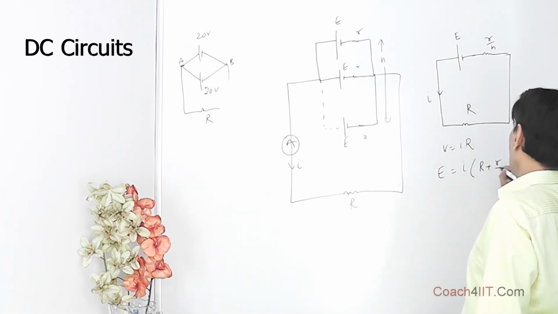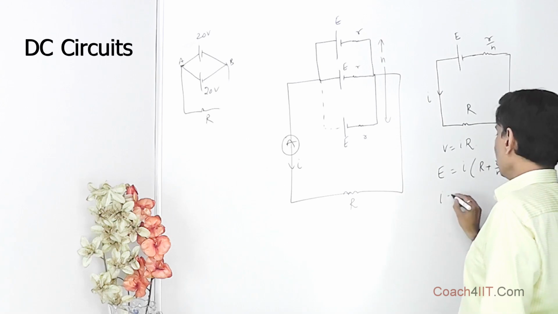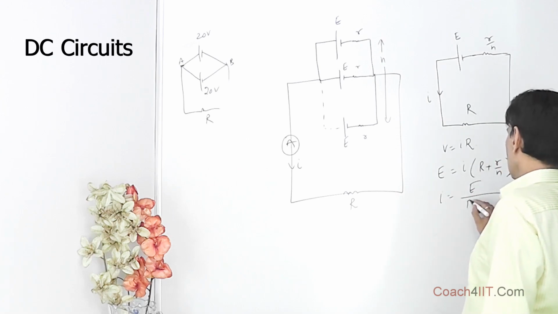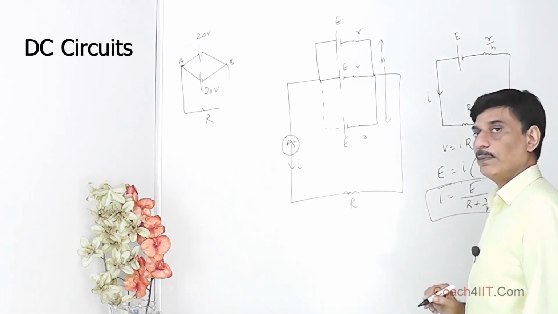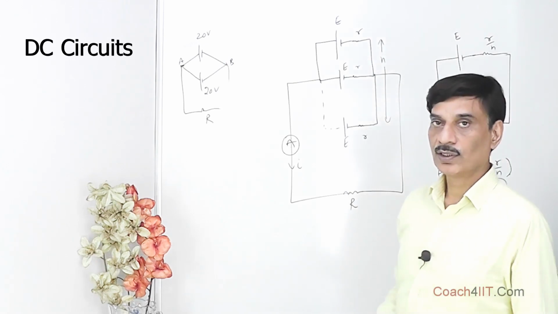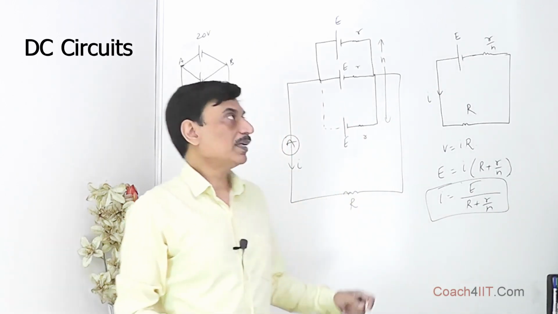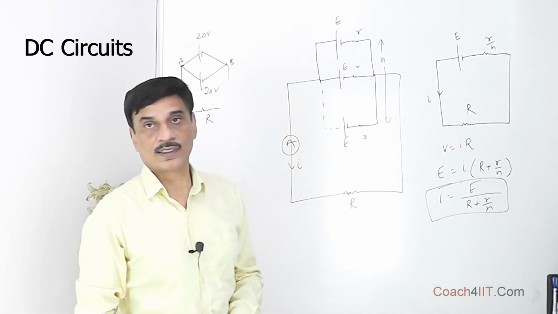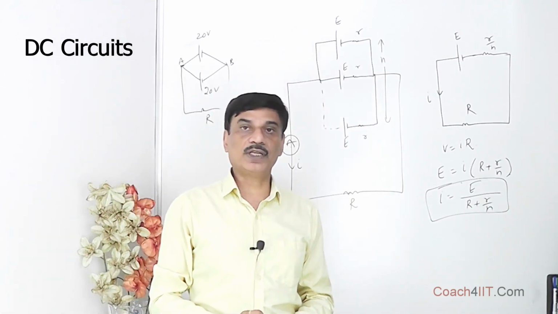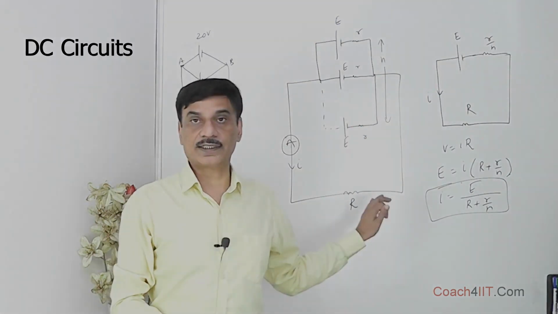R plus R by N. So I is going to be E over R plus R by N. This is the current which shall be flowing in the circuit if we have N identical cells which are put in parallel combination and there is external resistance R connected like this.